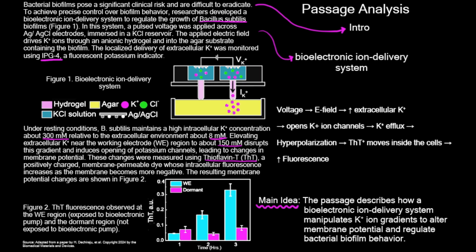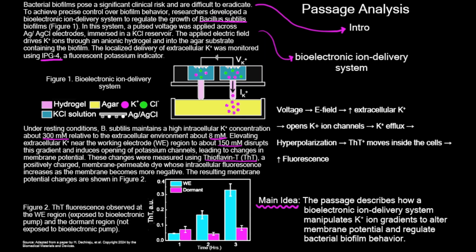The seventh sentence reads, elevating extracellular K plus near the working electrode (WE) region to about 150 millimolar disrupts this gradient and induces opening of potassium channels, leading to changes in membrane potential.